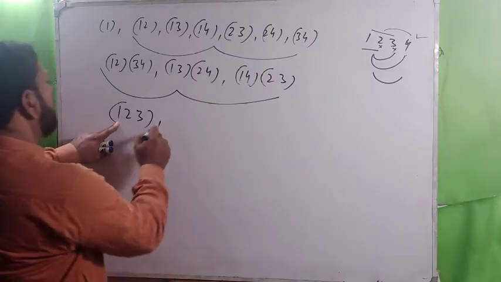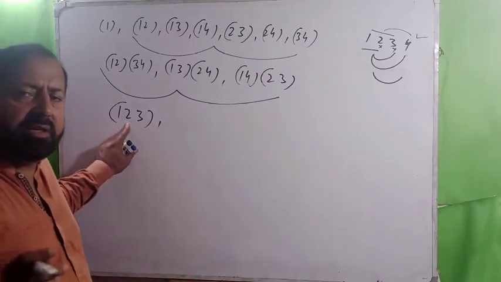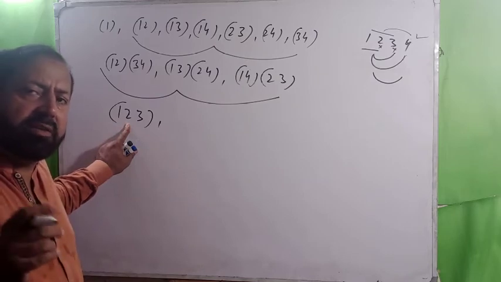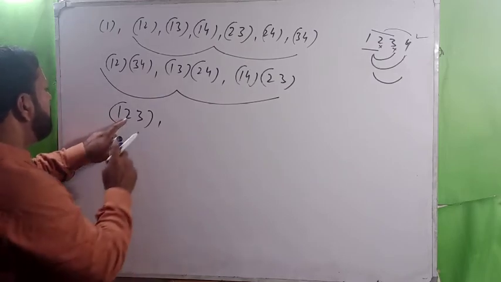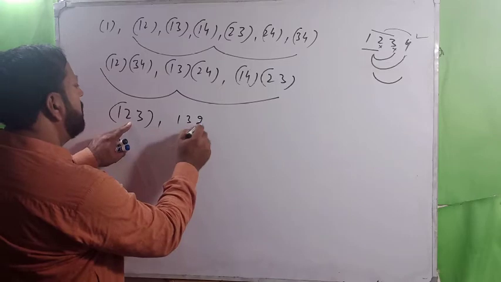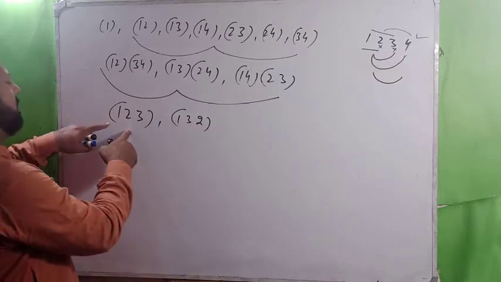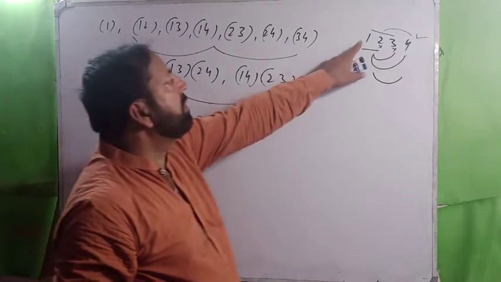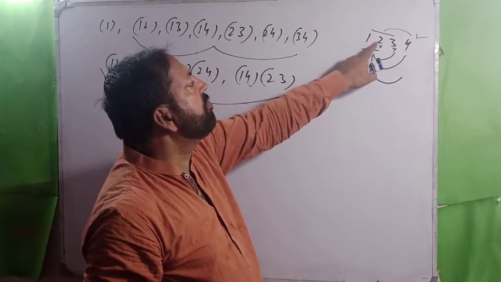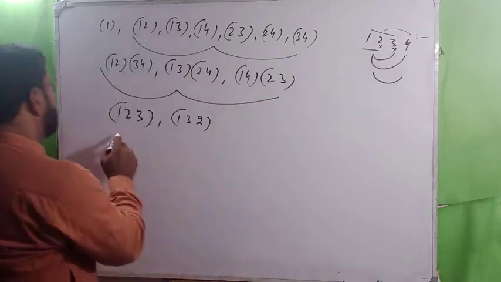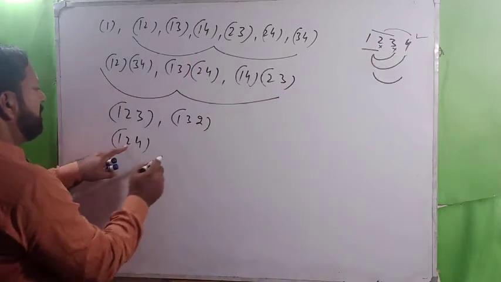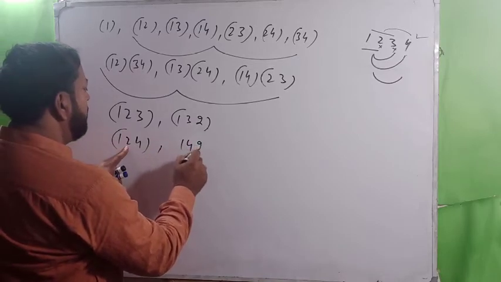Then, of course, since it's a group, you need to write its inverse. So the inverse of (1 2 3) is (1 3 2). Then (1 2 4), of course its inverse is (1 4 2).